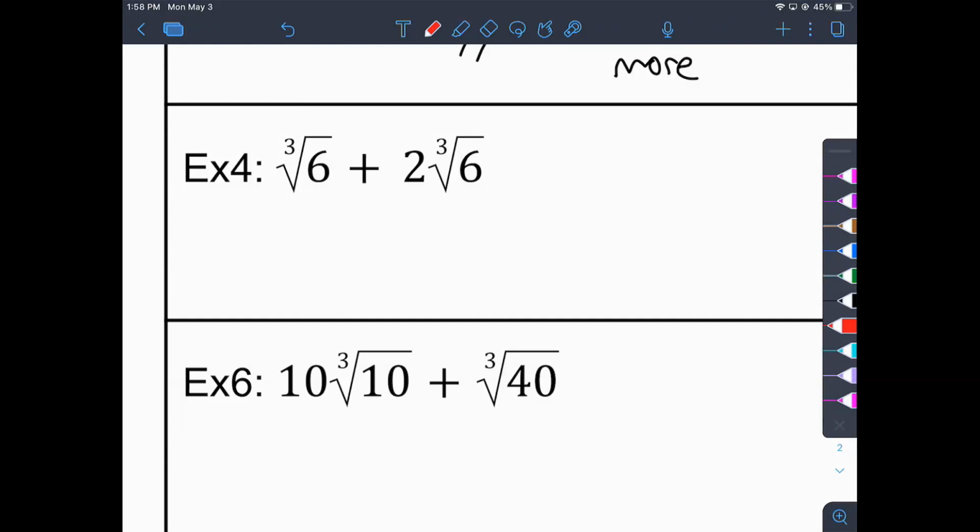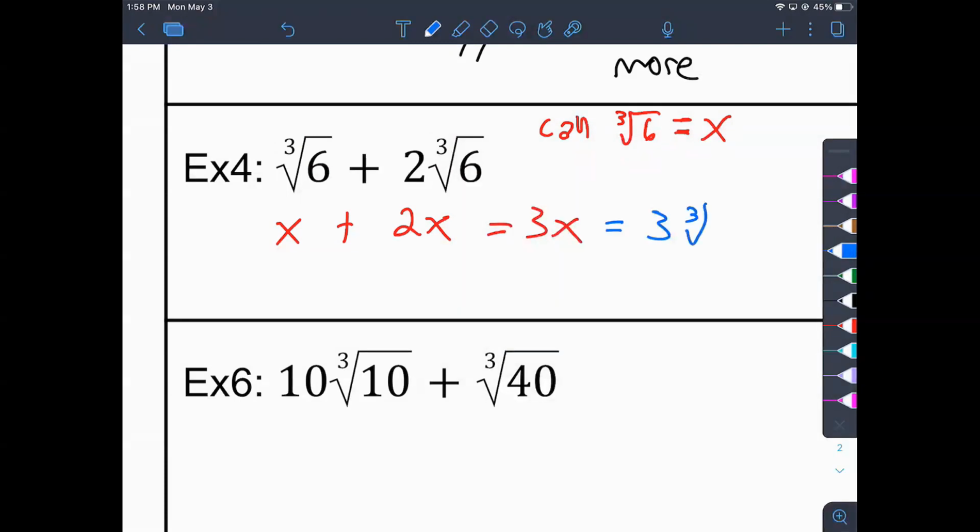Temporarily, we're going to call 3 cube root 6 x. So this is really x plus 2x. How many x's do you end up with? Well, you end up with 3x. But remember, these aren't really x's, they are the cube root of 6. So our final answer is really 3 cube root of 6. And there it is.